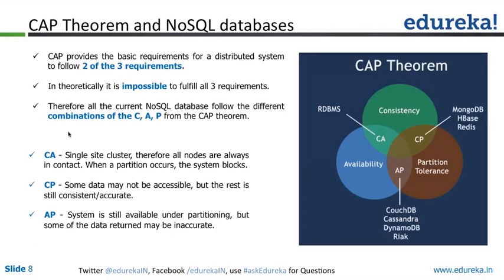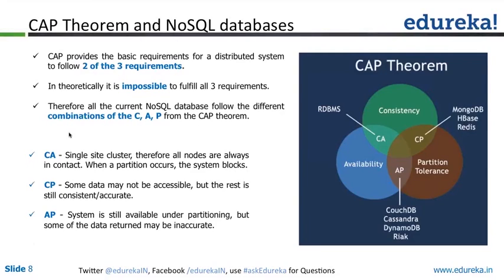Now coming to the third quadrant, where you're talking about availability and partition tolerance, but lacking consistency. If you look at the time series application which we talked about, consistency is not of primary importance there. For those kinds of applications, I will choose storage subsystems which fall in availability and partition tolerance. Partition tolerance is basically that I can scale very easily, without any problems.